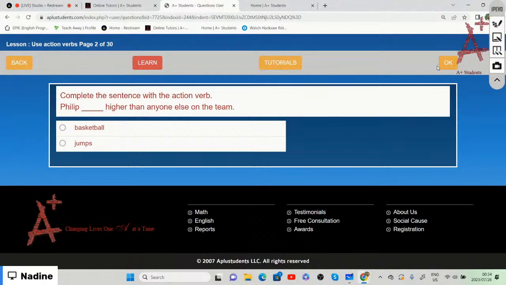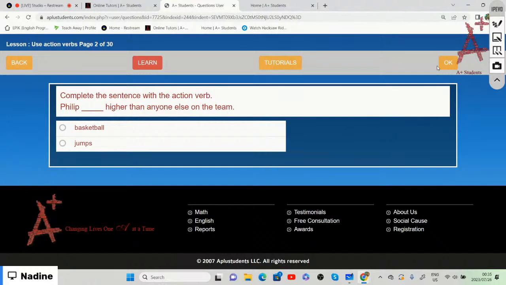Philip basketball, or Philip jumps higher than anyone else on the team. We need to choose the correct action verb within the sentence. Is it basketball or jumps?